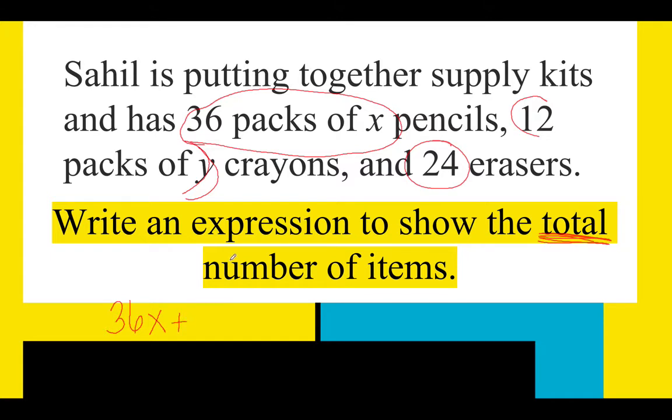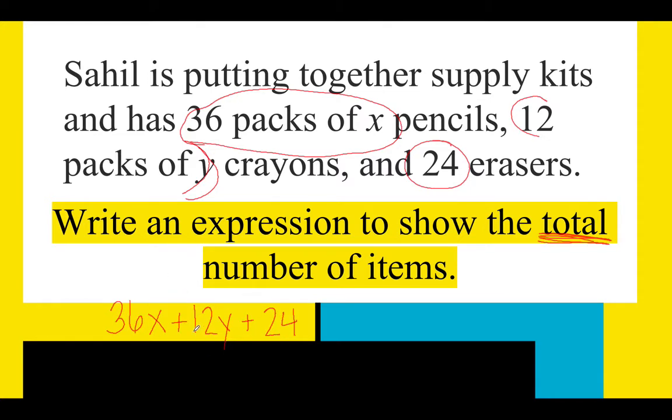Again, we're adding because we're looking for total. 12 packs of y crayons can be represented as 12y. And then there really is no variable for the erasers. We know that there are just 24 erasers. So this becomes our expression to show the total number of items.